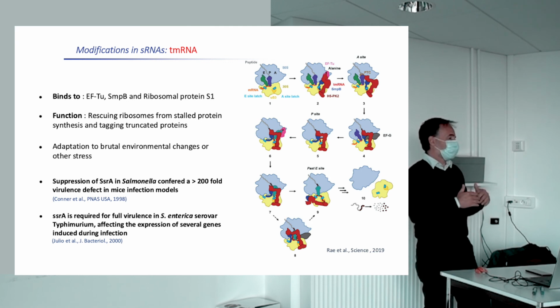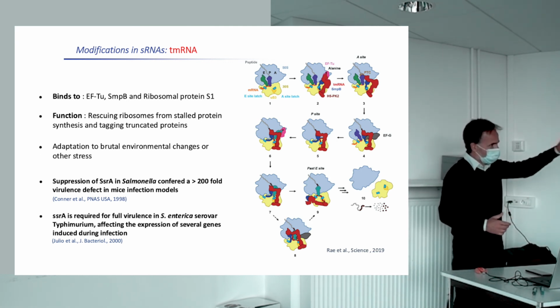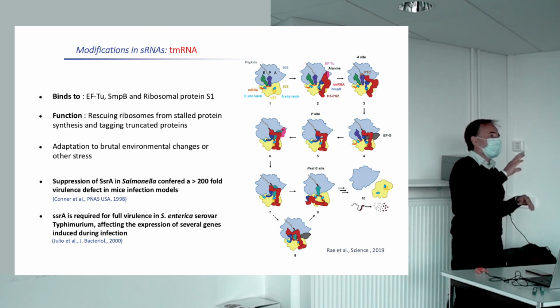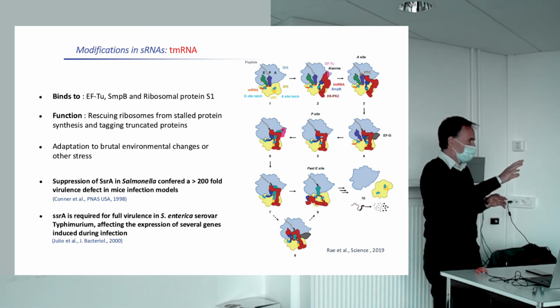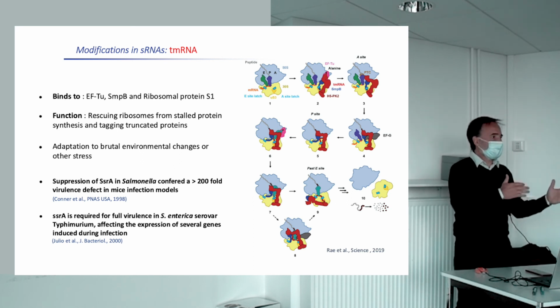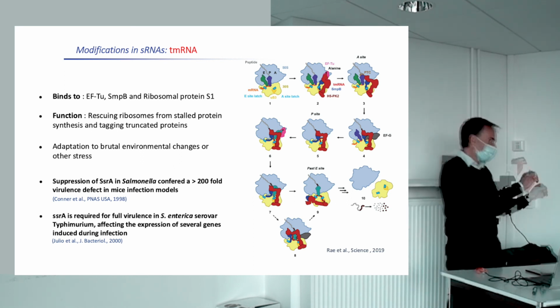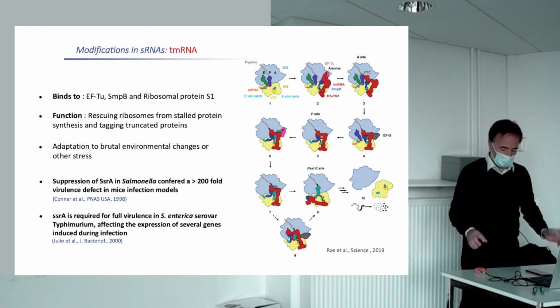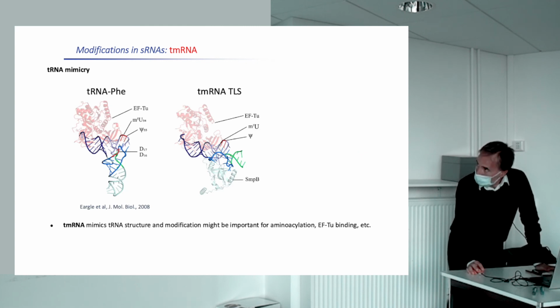We just have that this molecule is important in adaptive condition, oxidative stress, is important for the virulence of pathogenic bacteria, Salmonella, and has modifications. Okay, so I found it interesting, even if there is no direct link and there are no mechanistic details, to see that in fact these modifications are important for the virulence of this gene.